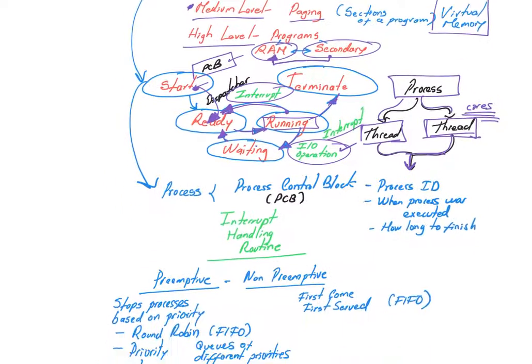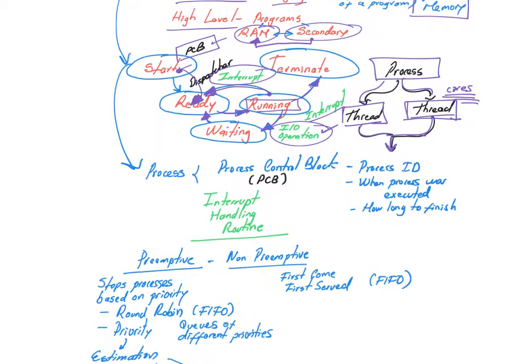Now, the process control block that is created in the first stage has information that is required for the scheduler to handle that process. It has an ID for the process. It has information about when the process was last executed, and maybe how long it's going to take to finish, and maybe the type of operation it is.